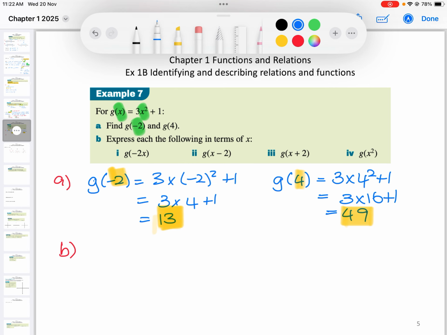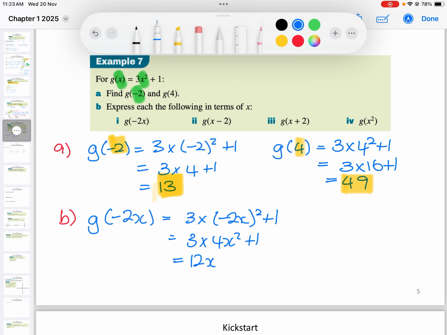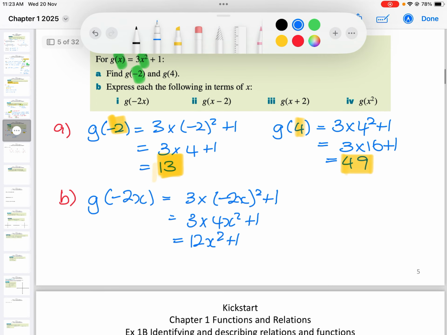So let's do the same thing here. What's g of -2x? Well, we go 3 times -2x squared plus 1, which is 3 times 4x squared plus 1, which is 12x squared plus 1. If we do the next one, g of x -2, we're going to replace the x, so it's 3 times x -2 squared plus 1.